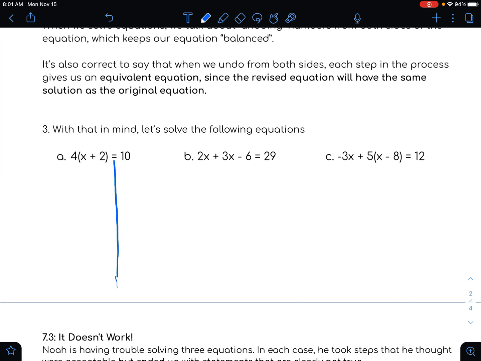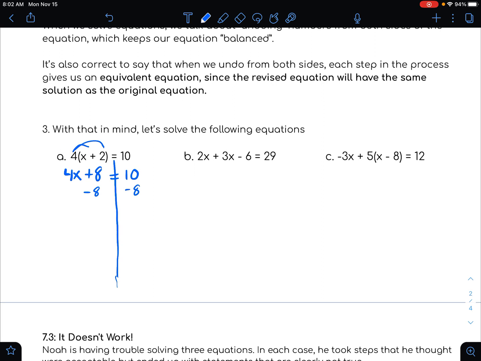So when we solve this one, we're going to do a little bit more challenging solving equations now that involve maybe just a couple more steps than we have. But the first thing we would typically do in an equation like this is the distributive property. So 4 times x is 4x, 4 times 2 is 8. All right, and then we go through our undoing solving steps, which normally means that we undo any subtraction or addition first.